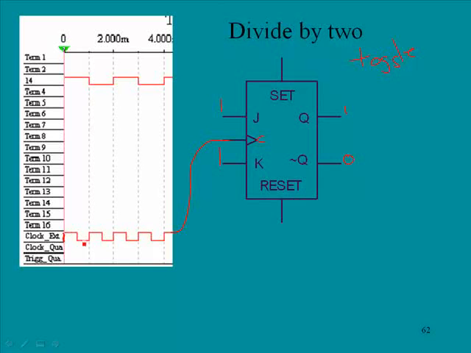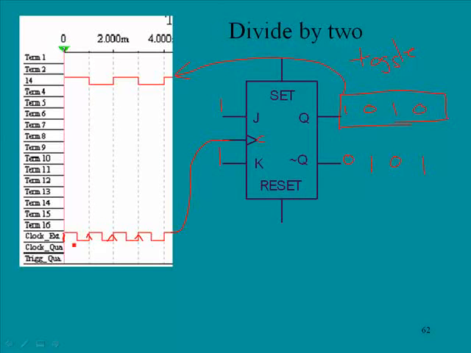Nothing happens as it goes negative, and then as it goes positive again, the output of the flip-flop changes state, so now it goes to 0 and 1. On the next positive edge, it changes state again, so then we go to 1, 0, and on every positive edge it's going to change states. This is the resultant output right here.